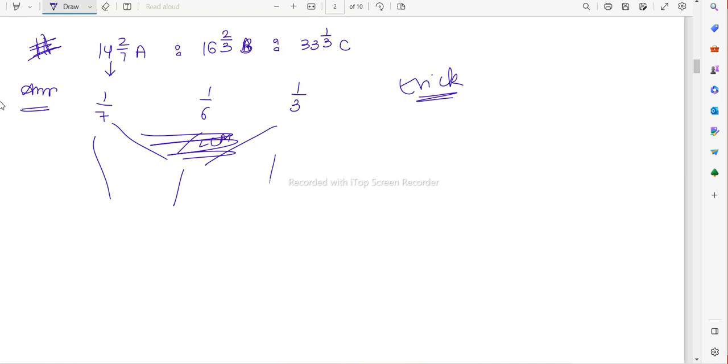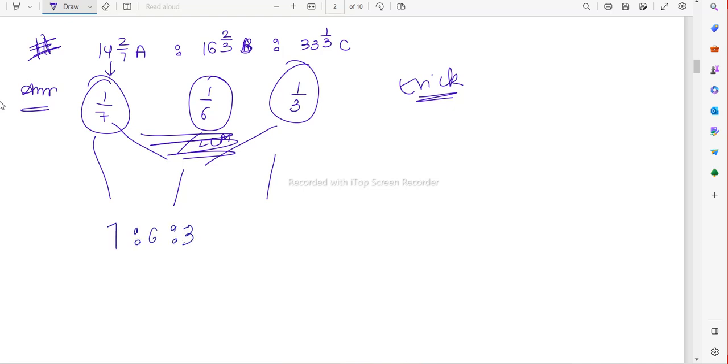Whenever you are going to be seeing the ratios like this, okay. What you will be doing is that this will give you 7 ratio 6 ratio 3. Okay, this is going to be your answer in this way.